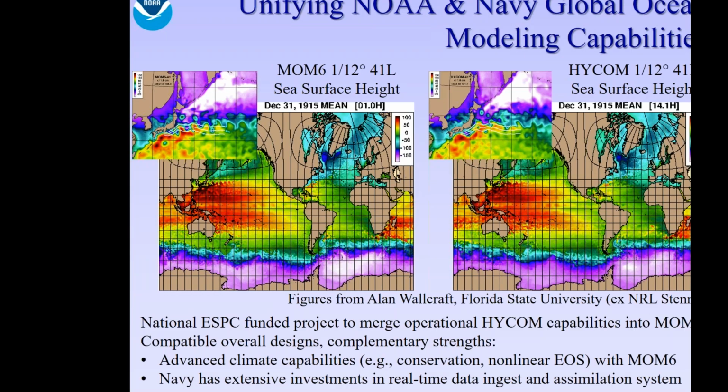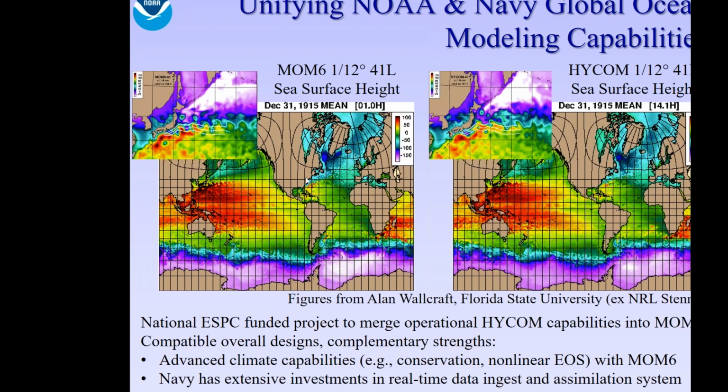At the same time, we are also collaborating with Ellen Wallcraft and Eric Chassignet and others on trying to evaluate whether we can unify the Navy and NOAA global ocean modeling capabilities by doing close comparisons between results from HYCOM configurations that have proven themselves and been used for several years with MOM6 configurations.